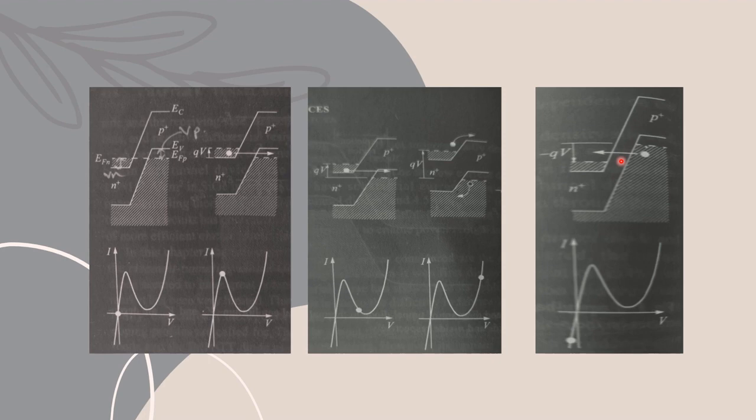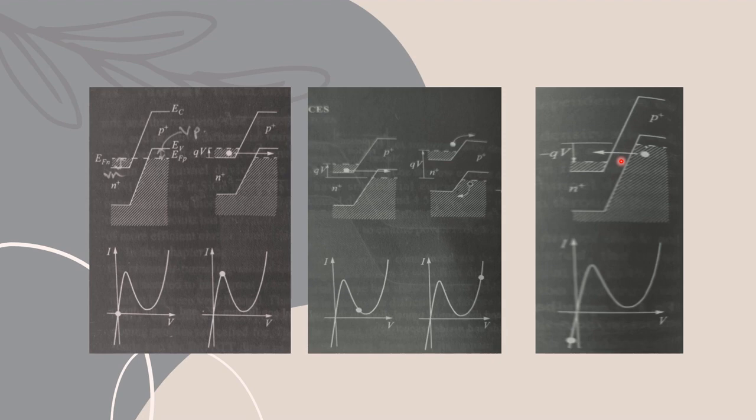Right? The greater the reverse bias, the larger the number of electrons that find available unoccupied states at the same energy on the other side of the thin barrier.